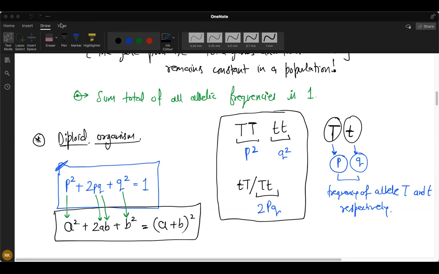Okay, very well. So let us go and take some questions which you all can solve. So one question that we did exactly on this concept in the last class. Let's discuss that first.